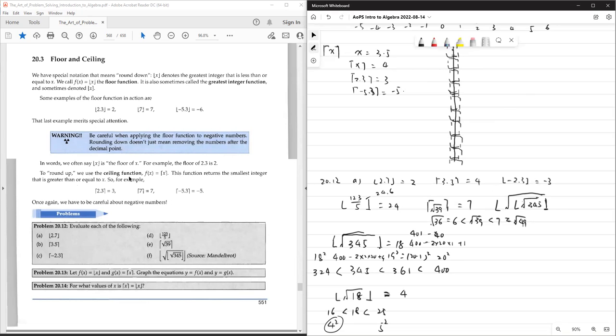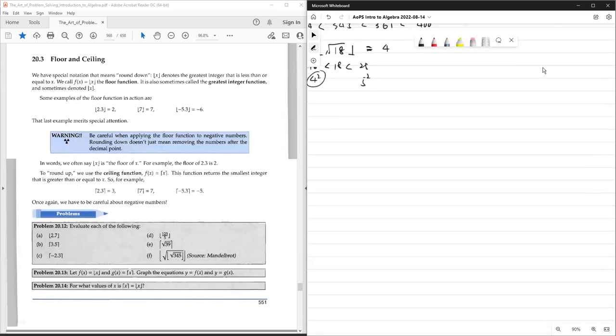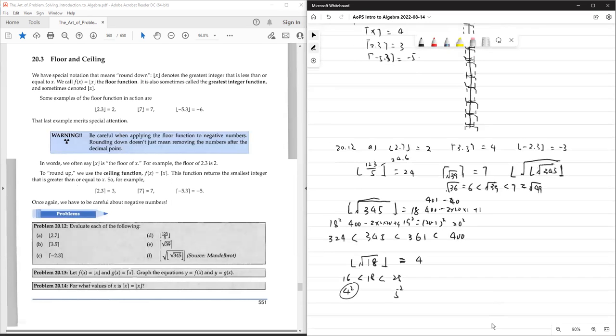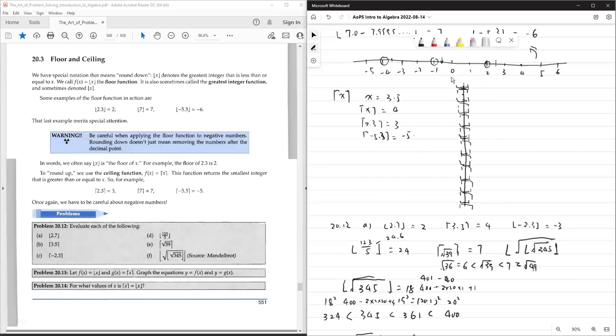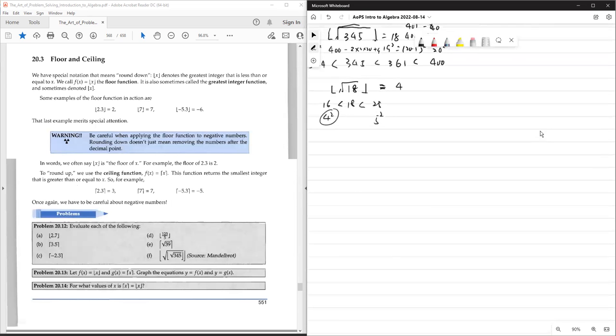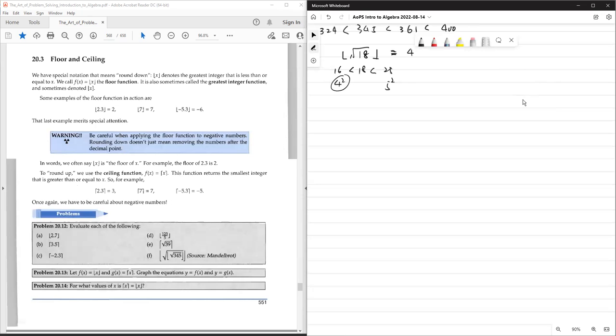The ceiling function is the smallest integer that's greater than or equal to this. So the greatest and the smallest are in opposite positions. It can be a little bit confusing at first. That's why if you think about it visually, like you're in an apartment building and you have a floor and ceiling, that's more intuitive than trying to remember the definition of the function.